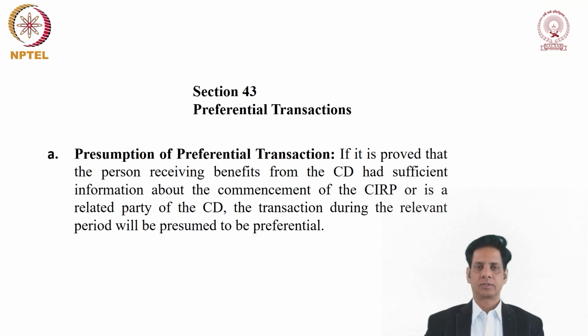Okay, so going forward, presumption of a preferential transaction. When can the courts or the resolution professional presume that a certain transaction was entered only to put a certain party in a preferential position? If it is proved that the person receiving benefits from the CD had sufficient information about the commencement of CIRP or is a related party of the CD, the transaction during the relevant period will be presumed to be a preferential transaction.